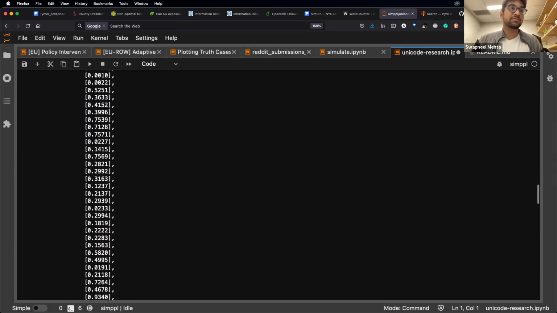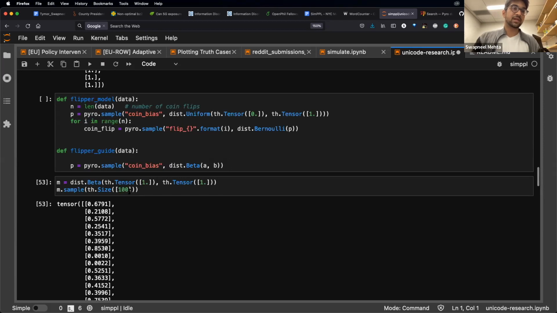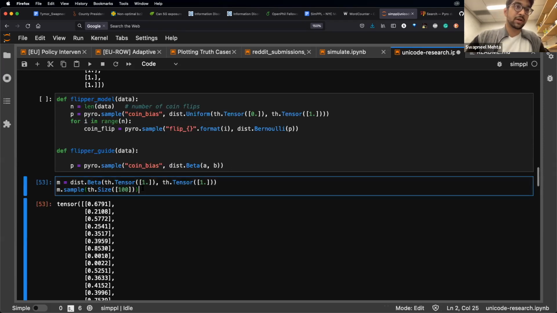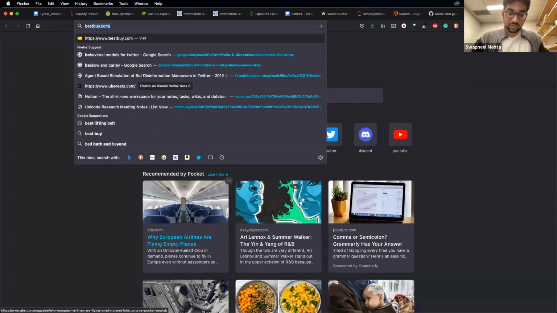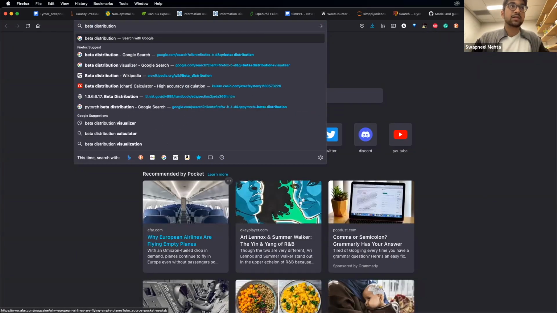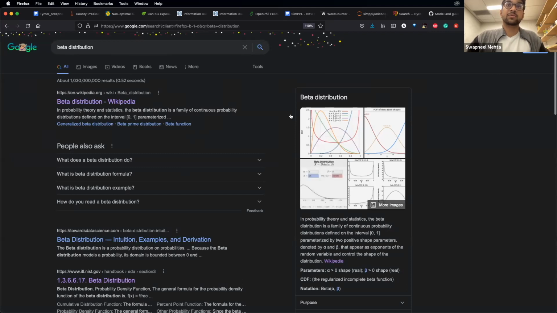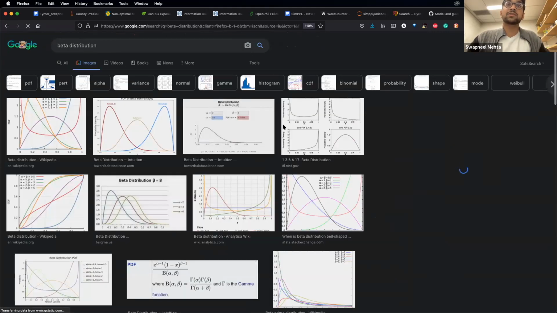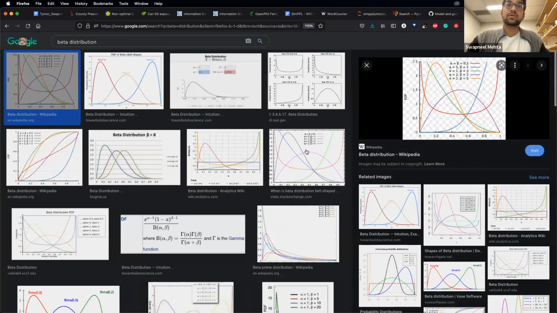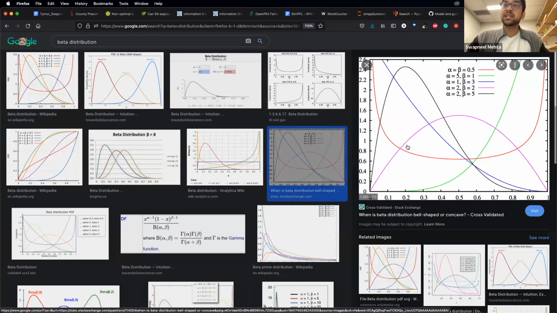What this does is it gives me a bunch of random samples which are uniformly distributed between 0 and 1. But this is actually a special case of the beta distribution, which can actually take a bunch of other values. So this a and b that I'm setting, varying these a and b can give you all of these different colored lines.